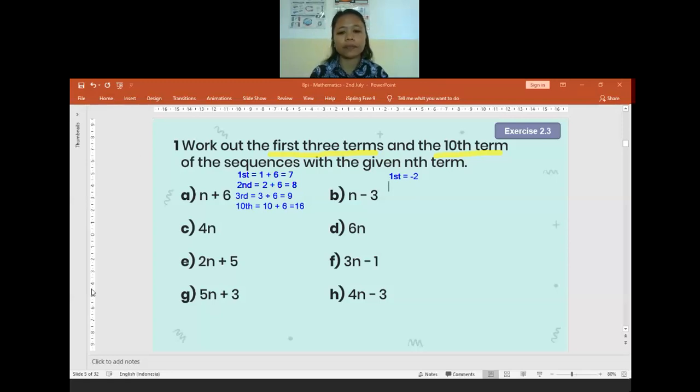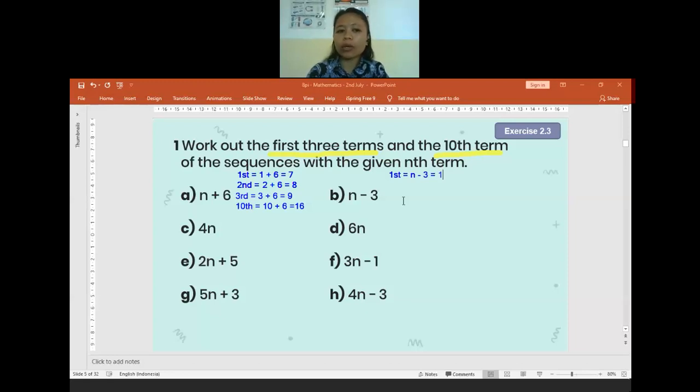For the first term, in here we can replace the letter n with whatever number of the term we are going to find. If it is the first term, the number is 1. So the letter n, we can replace with the number 1, because this is n minus 3 for the nth term.